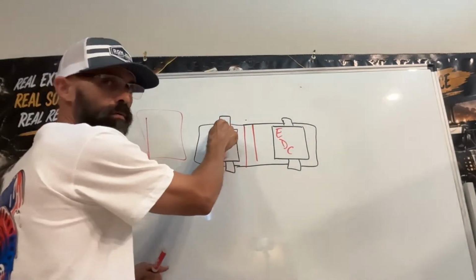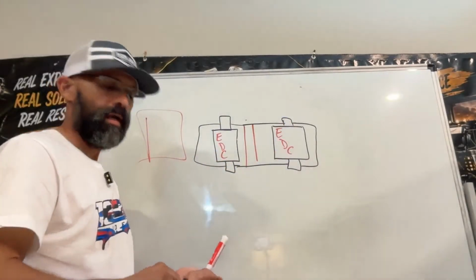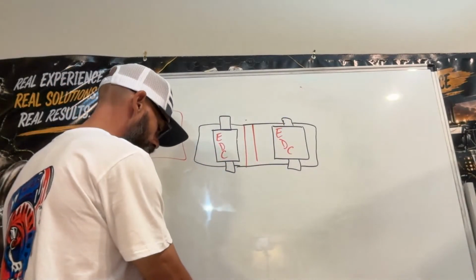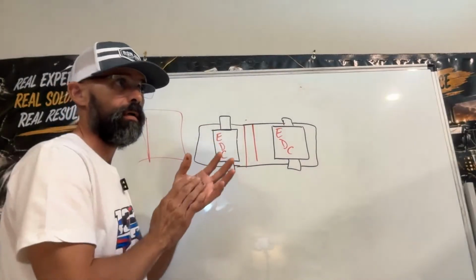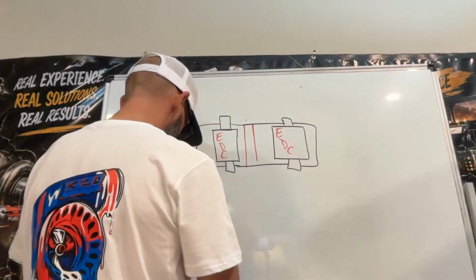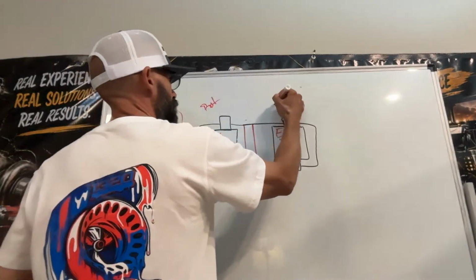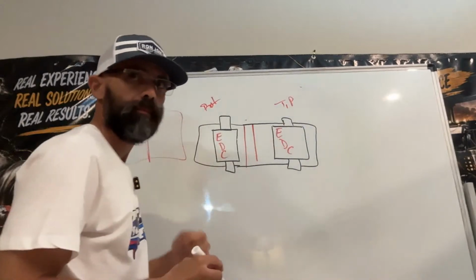These are coils that have wire connections going to the pump control. So this is rotation. This is thrust and pullback, right?